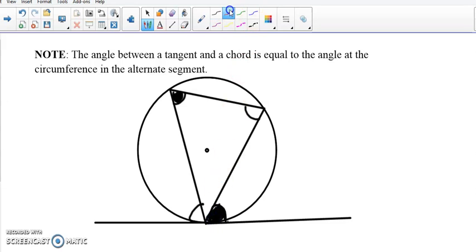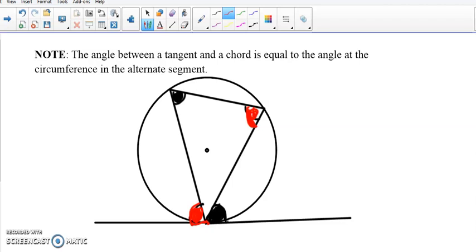In the same way, this angle at this point is equal to this angle. Now look at this chord. This angle here is equal to the angle opposite on the alternate segment.